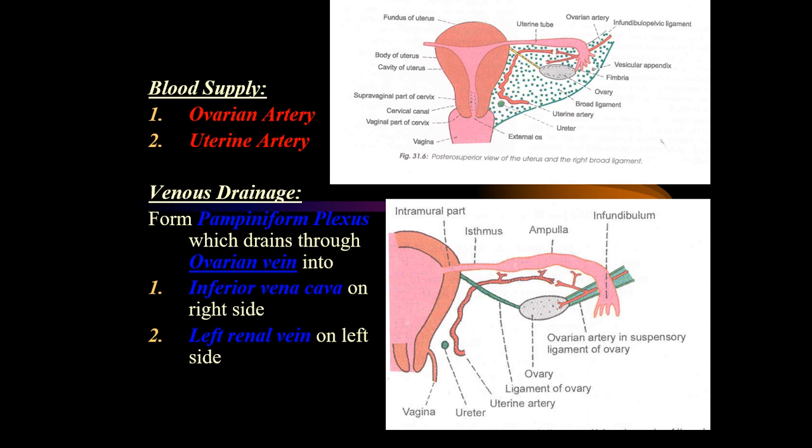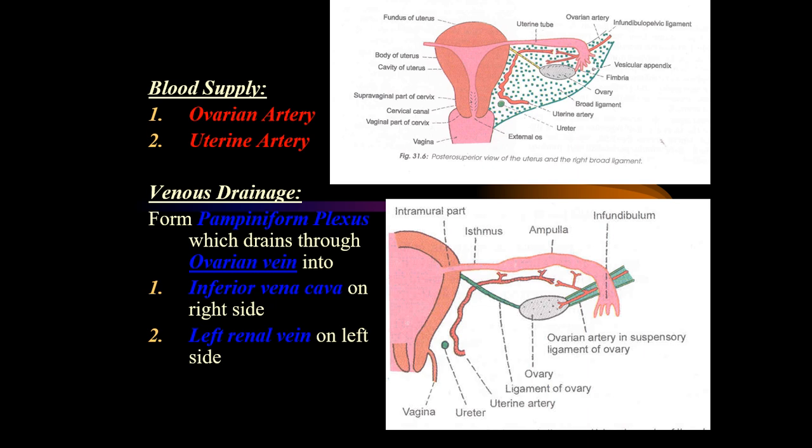So whenever there is varicosity of these veins, the ovarian veins, it will be the pampiniform plexus. The pressure in the ovarian veins or the testicular veins on the left side is higher, because they drain at right angles to the left renal vein. So the valves within the plexus become incompetent, the pressure within the pampiniform plexus increases, and there is stagnation of the venous flow and the venous blood.